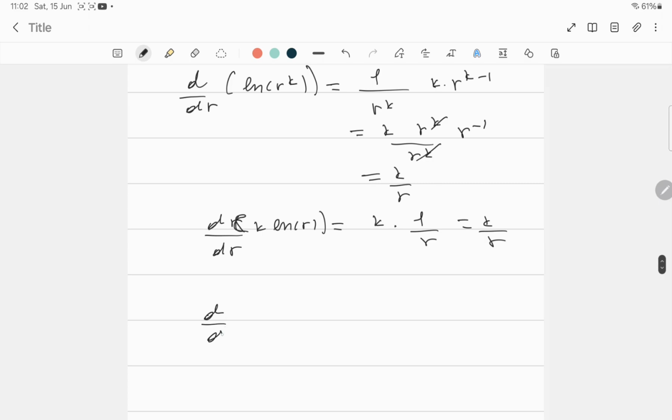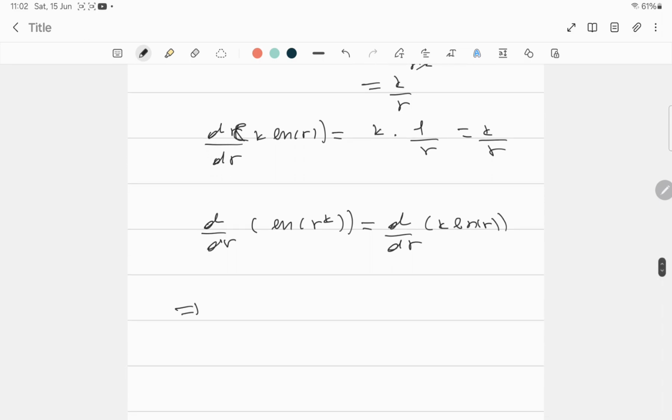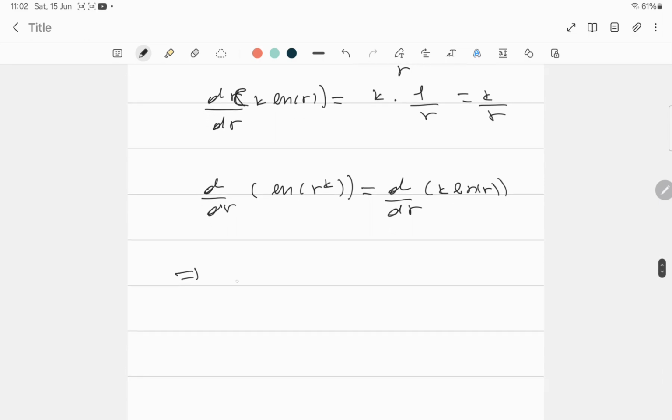That the derivative of natural logarithm of r to the power of k equals the derivative of the function k natural logarithm of r. So what I do here is integrate on both left and right hand side of the equation, and I have that the natural logarithm of r to the power of k equals k times natural logarithm of r plus a constant c.